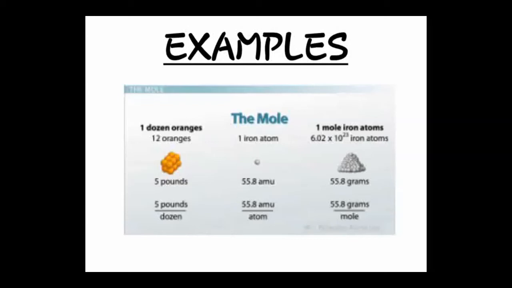It is only 1 atom. So 55.8 AMU per atom is its atomic mass. 1 mole of iron atoms, 6.02 × 10^23 iron atoms, also equals 55.8 grams. So we can say 55.8 grams per mole.